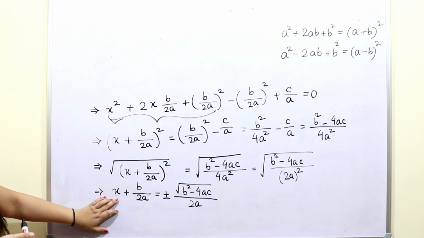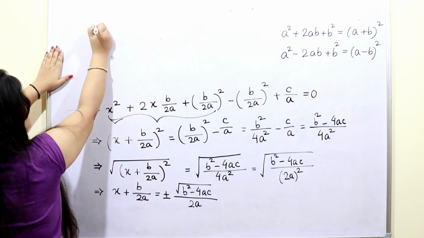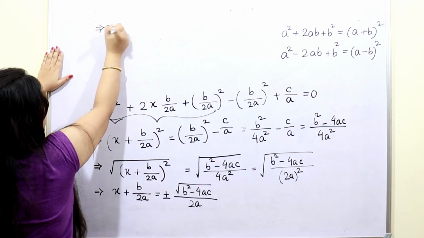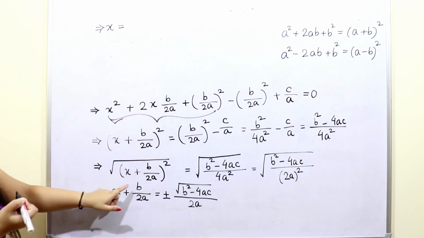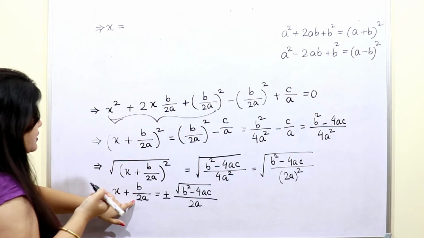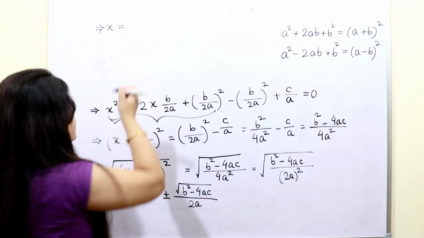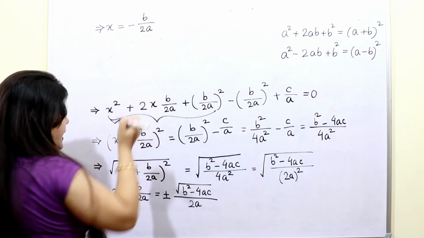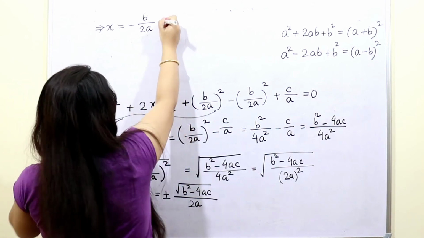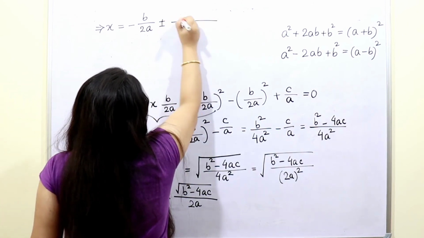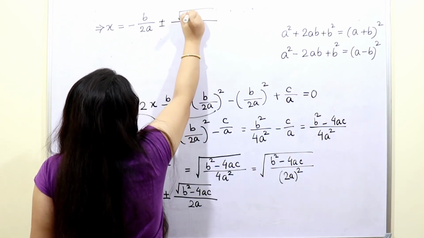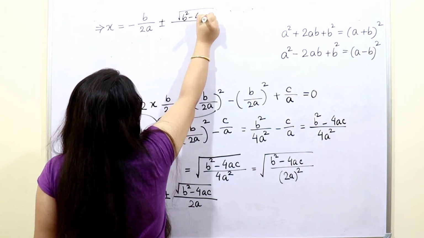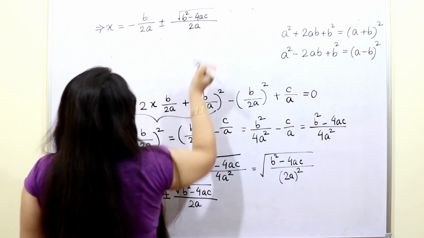So we can write down x equal to, b by 2a, this is a positive term. So if we take the value to the right hand side, it becomes minus b by 2a, and here present plus minus root over b square minus 4ac divided by 2a.